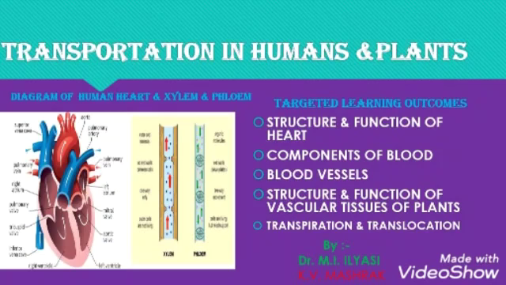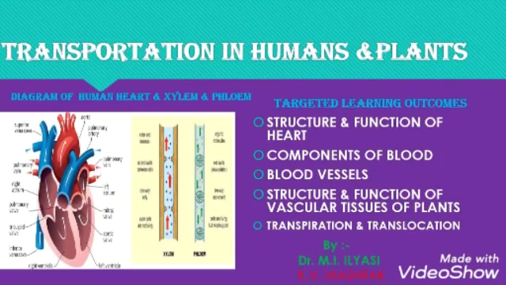The circulatory system is composed of the heart, blood and blood vessels, which transport various materials throughout the body. First, the human heart has 4 chambers: 2 atria or auricles, right auricle and left auricle, and 2 ventricles, right and left.